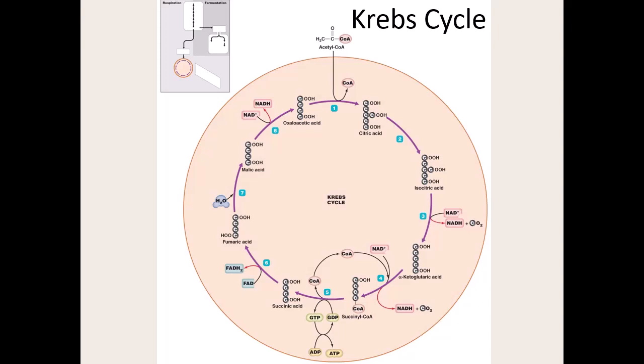It takes place in the matrix of the mitochondria in a eukaryotic cell. On A and P, you would have said Krebs cycle takes place in the matrix of the mitochondria. Remember, prokaryotes don't have an advanced organelle like a mitochondria, so it just takes place in the cytoplasm.